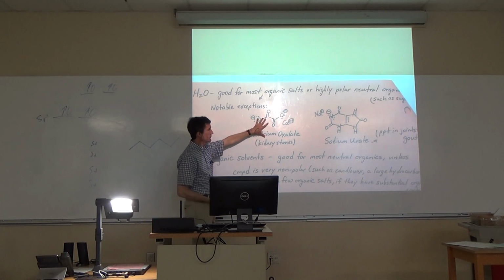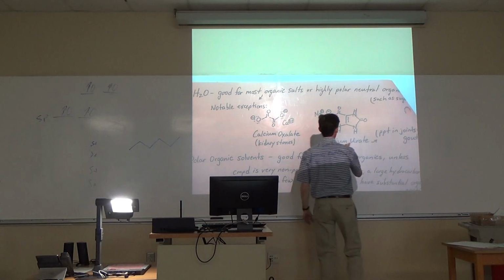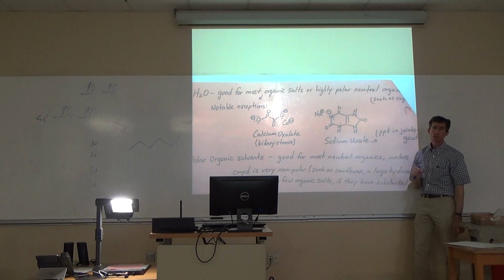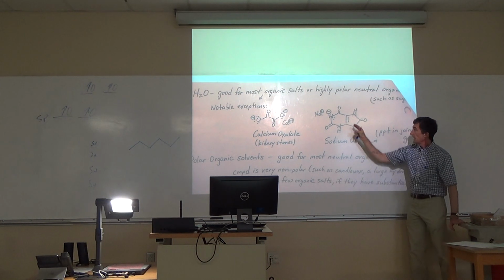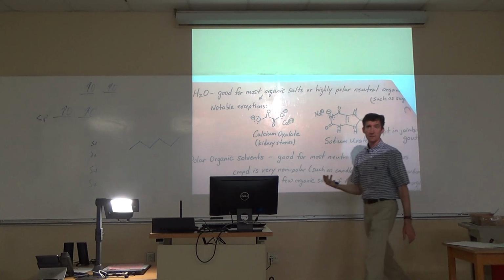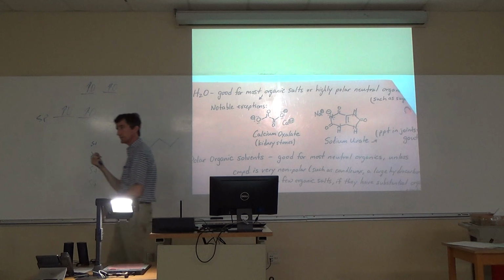It doesn't have solubility in water. Another example is sodium urate. It's ionic, but the solubility in water is not great. And it will precipitate in your joints, and that's a condition called gout. You get this solid that's forming because it's no longer soluble.